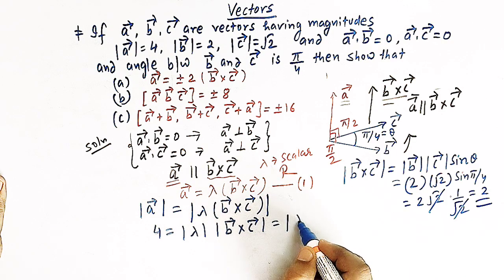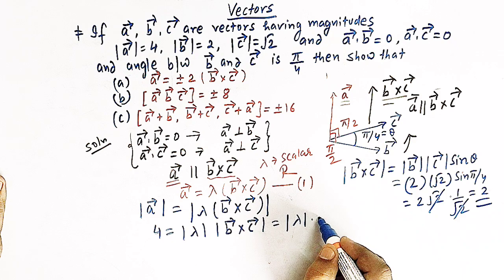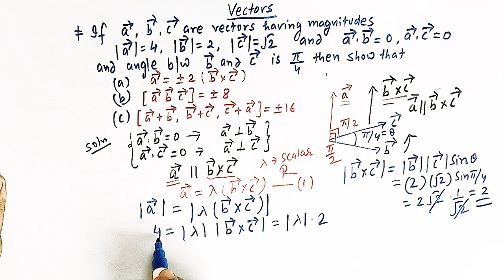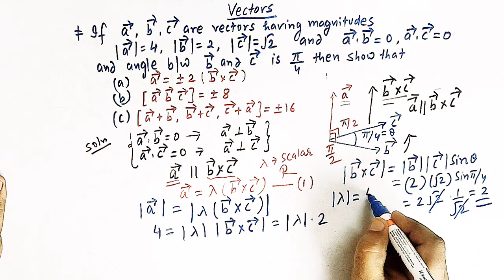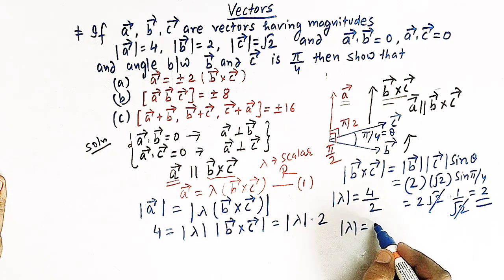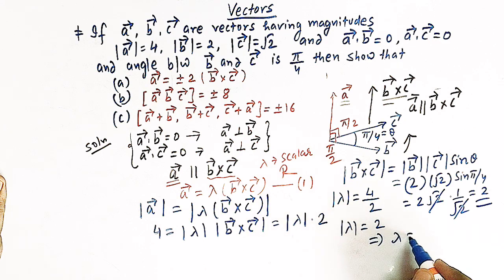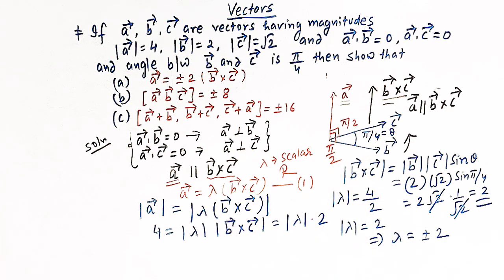So now we have the absolute value of lambda times 2, right? Now we can write mod of lambda is equal to 4 over 2. Now mod of lambda is equal to 2. So if we solve this equation, we have lambda is equal to plus minus 2, because the absolute value of lambda is equal to 2.